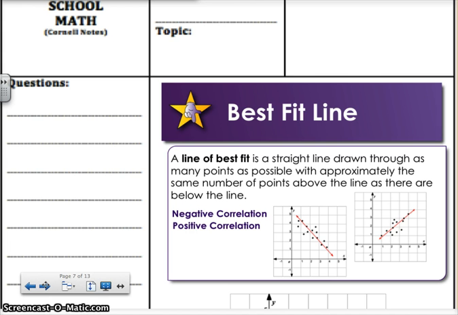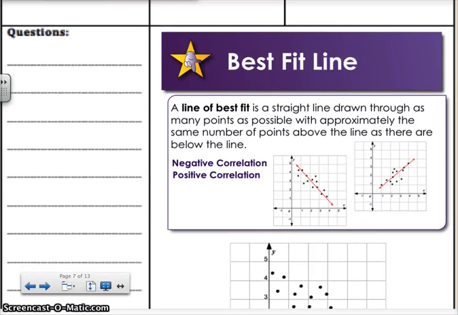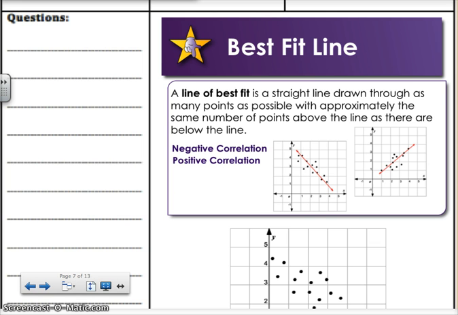Line of best fit. I've been drawing it since the beginning. It's a straight line drawn through as many points as possible. That's the key. You kind of want it in the center. It has approximately the same number of points above and below, so it's right in that middle ground. Can you visualize them?